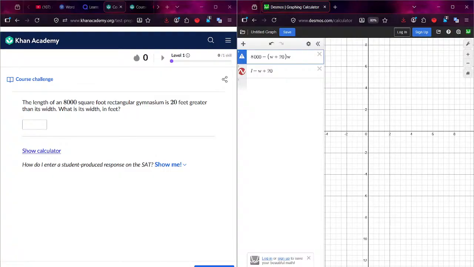It's going to be W plus 20 times W, and then we're going to FOIL it out, right? W squared plus 20W, minus 8,000 equals 0. To figure out the answer, what is its width? We could set this equal to 0 and then solve the quadratic.